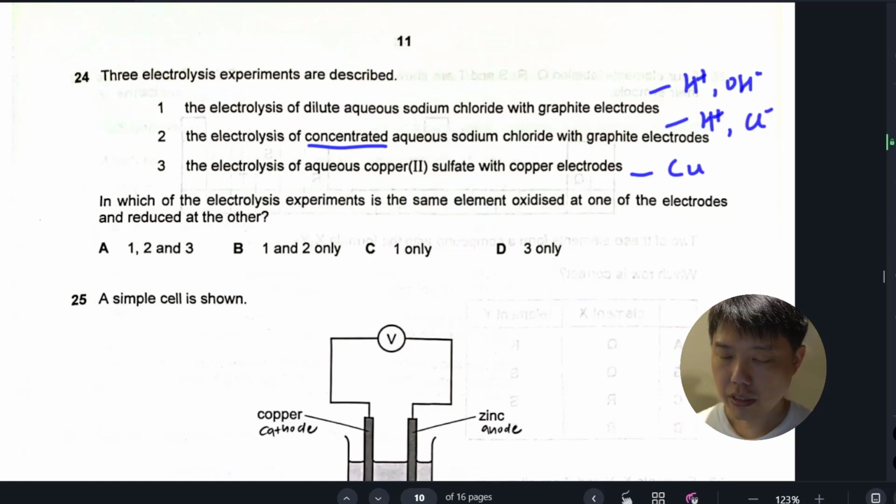And for 3, when you have reactive electrodes, then obviously your copper is going to preferentially oxidize as well as reduce at the cathode. Okay, so the third statement is the only one that is correct. So our answer here is D.